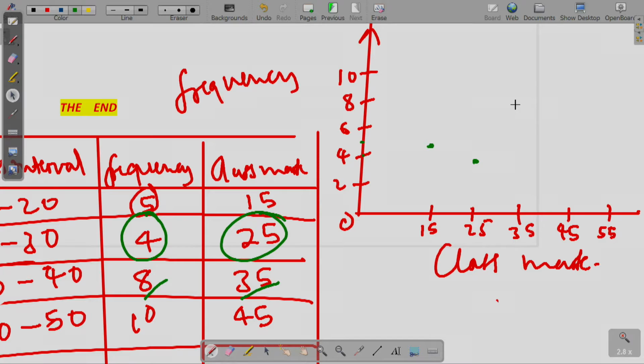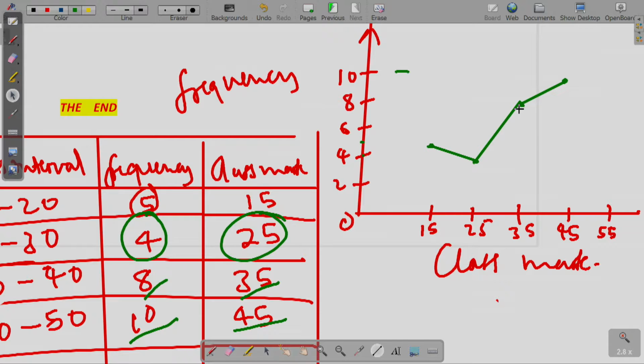This one is 8 and this 35. And also 10 for 45. Then we draw a line between our points to construct the frequency polygon.